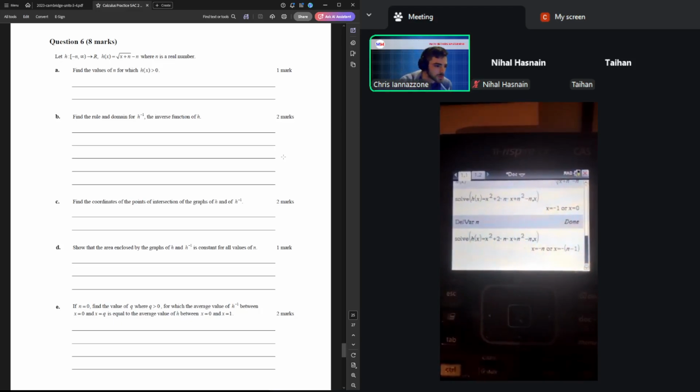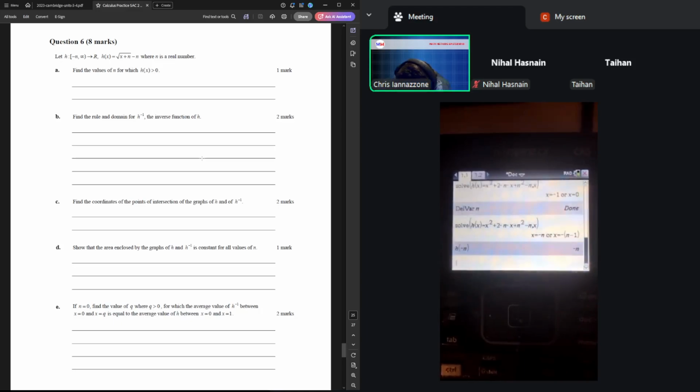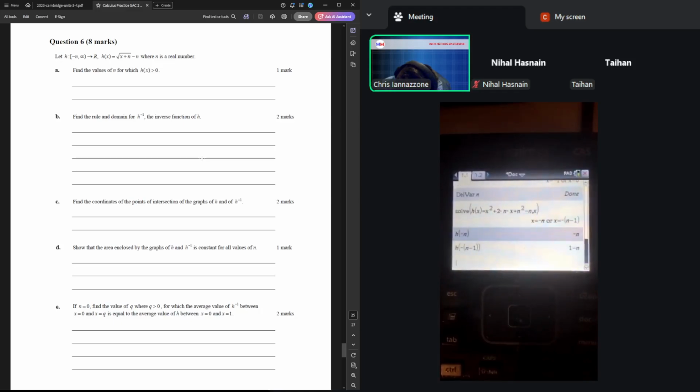So those are going to be the two x values for which they are equal to each other. You might also want to check, just to verify, that the y values are also identical. H of negative n, and h of 1 minus n, and then that's just the expanded version. Because I did say coordinates, you want to give both the x and the y.